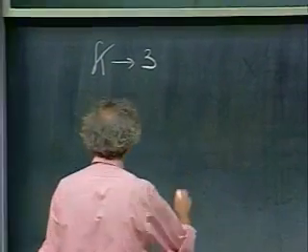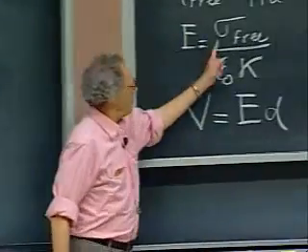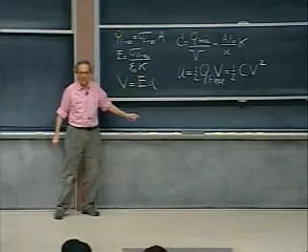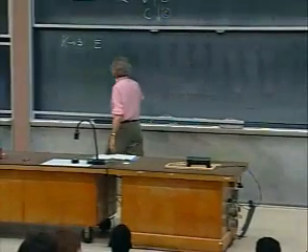And so now what happens with E? Well, sigma free is fixed. If kappa all of a sudden becomes 3, E field goes down. Is that surprising?